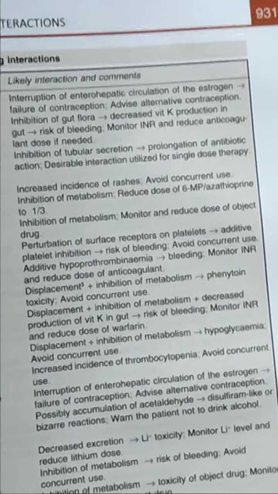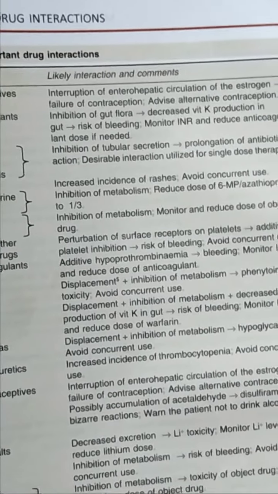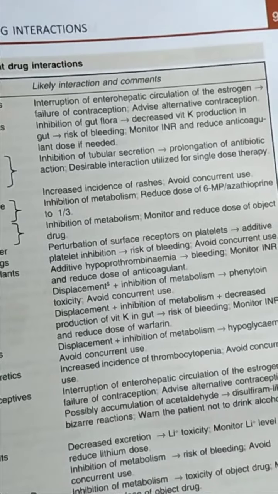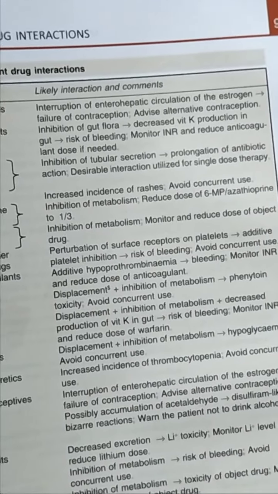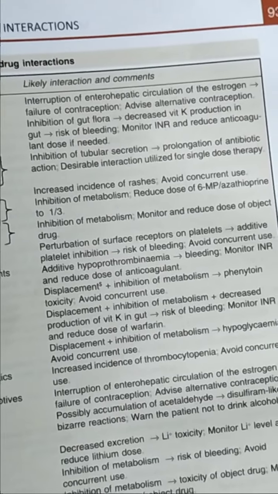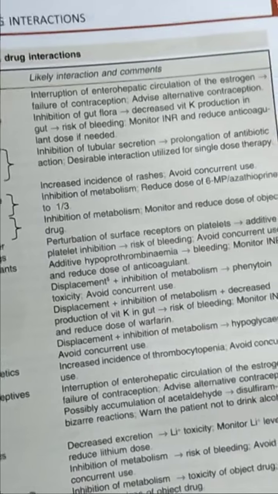Amoxicillin and ampicillin with oral contraceptives are likely to interact with each other. Then interruption of enterohepatic circulation of estrogen and failure of contraception will occur. Then risk of bleeding will occur.